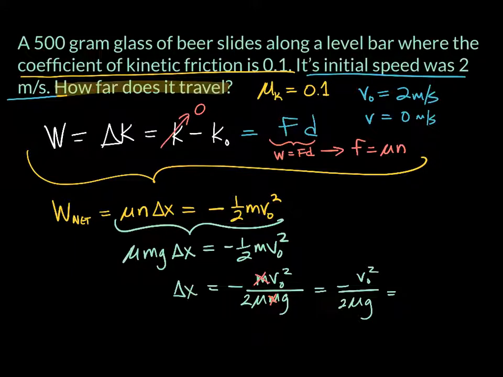I'm sorry. When you do this, there's always a negative associated in the work-kinetic energy theorem. So technically, we're going to have two negatives and they drop out.